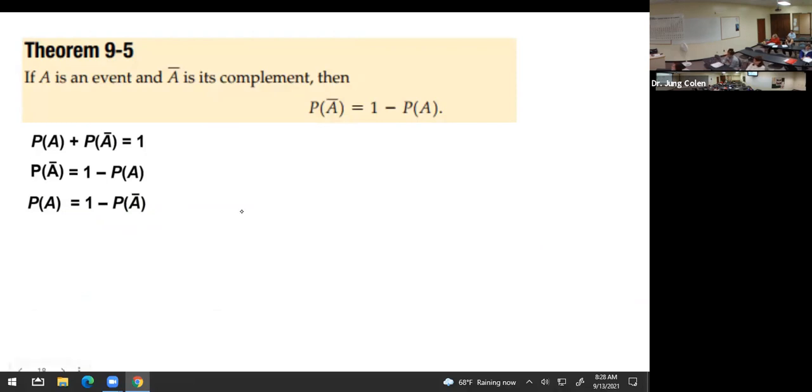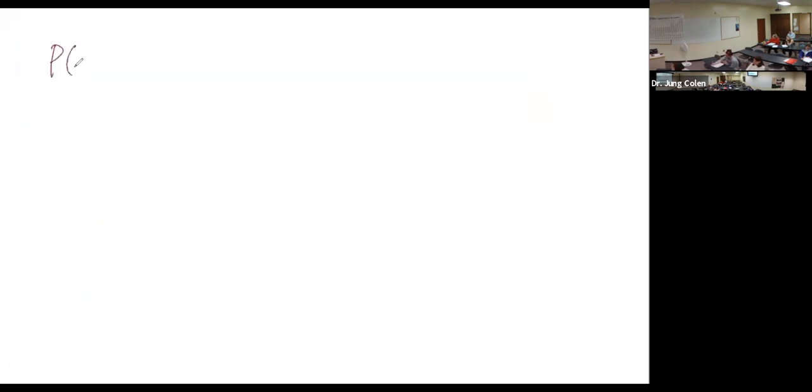So let me rewrite that for you and explain it. We already know that the probability of A plus the probability of the complement of A is 1. We can just play around using algebra there. If you need to find the probability of A, think about that the same as X. To solve for X, what would you do when it's added by a number?